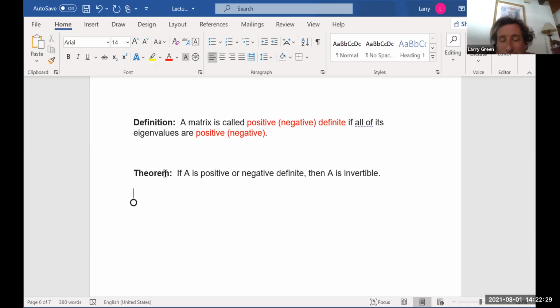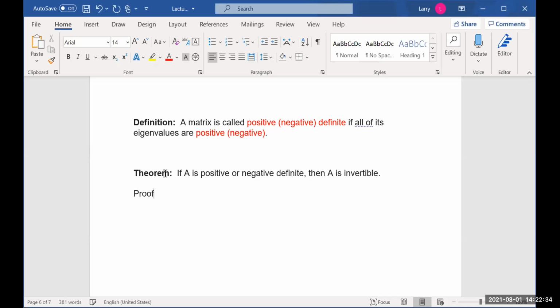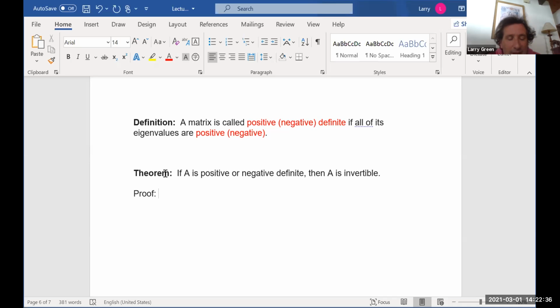Well, if it's not invertible, what must the determinant be? Zero. Yeah, so this is proof by contradiction. We suppose it's not invertible, and then we prove that it's not positive or negative definite. So suppose A is not invertible. Then the determinant of A must equal 0.